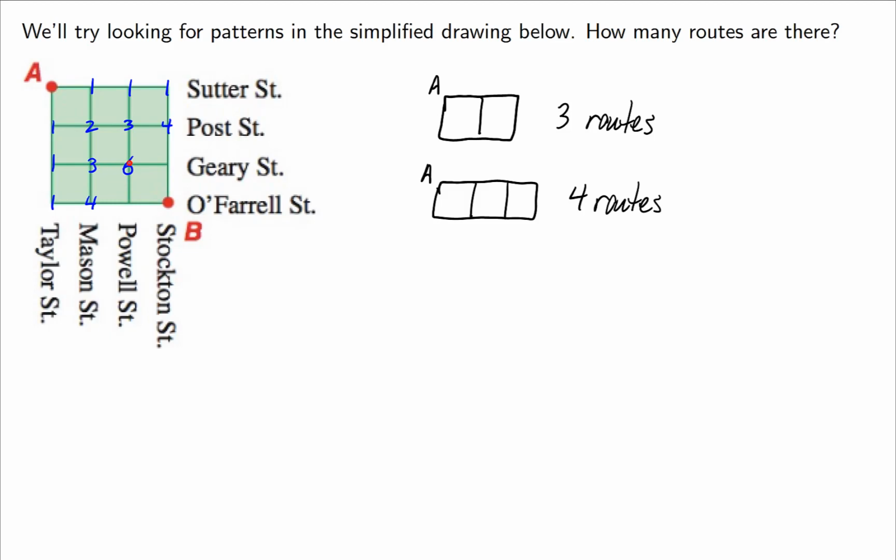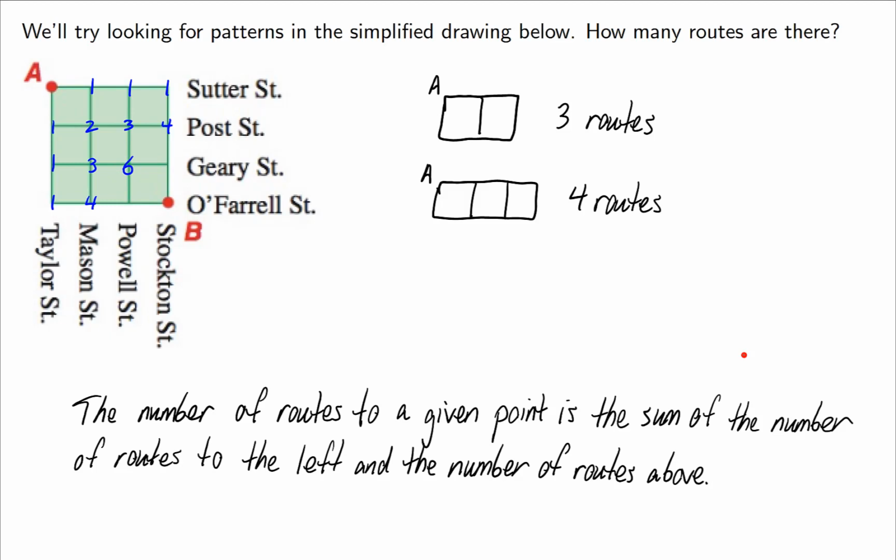The 3 to the left and the 3 above make 6 routes to get to here. Let me write that down. The number of routes to a given point is the sum of the number of routes to the left and the number of routes above. Let's just use that same principle. To get to this point, there are 6 routes to the left and 4 routes above.